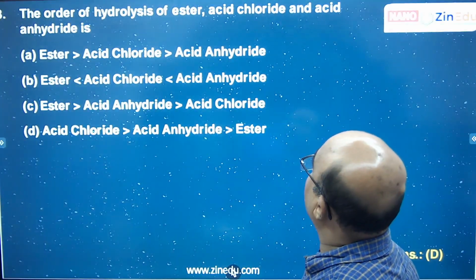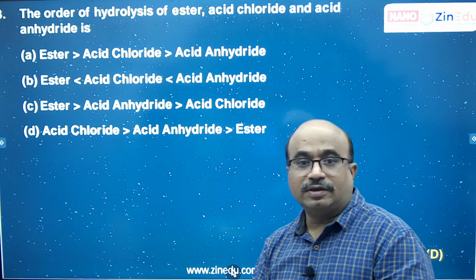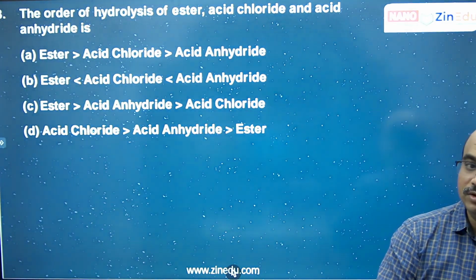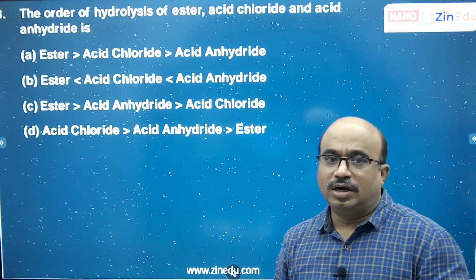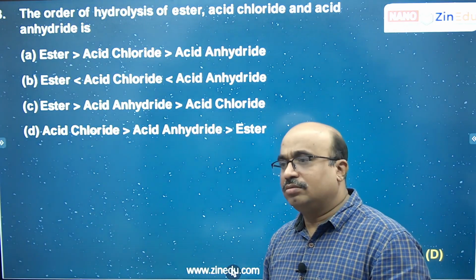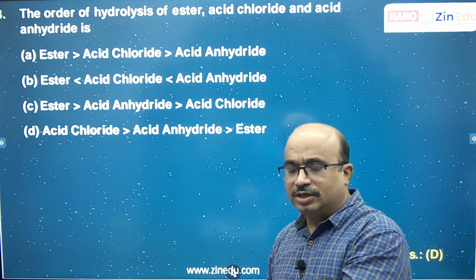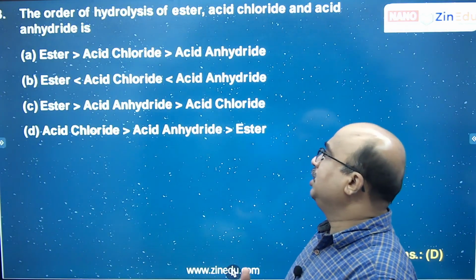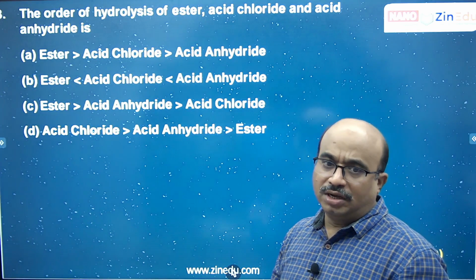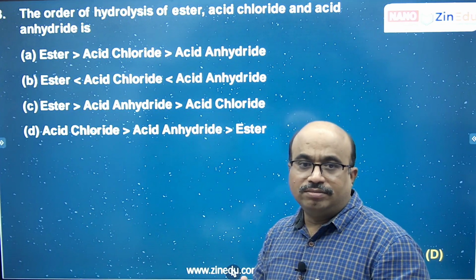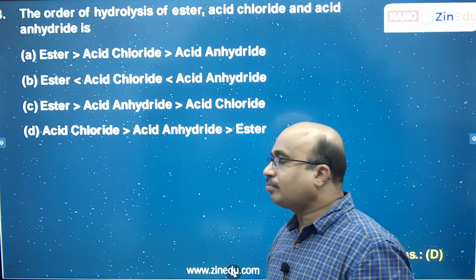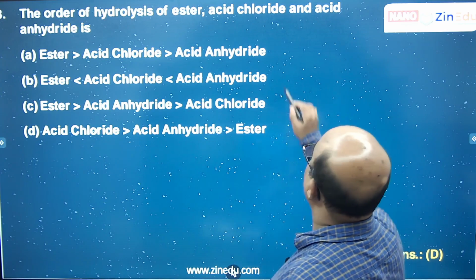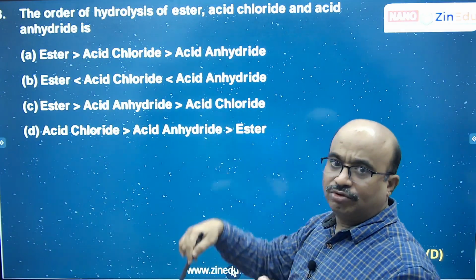The order of hydrolysis of ester, acid halide and acid anhydride is. So, in aldehyde, ketone, which are reactive towards nucleophile, the reactivity order is generally discussed depending on the ability of the group which can leave. Otherwise, you can just say suppose all these are acid derivatives only.